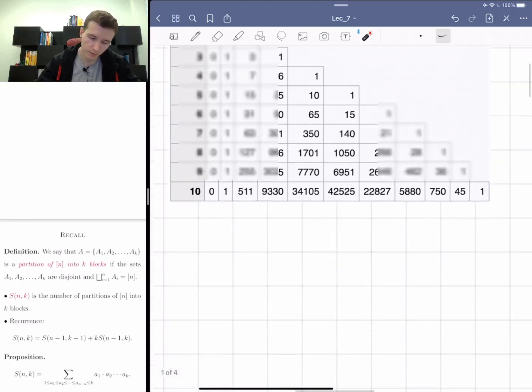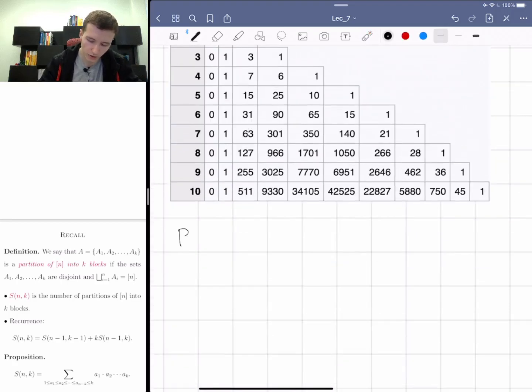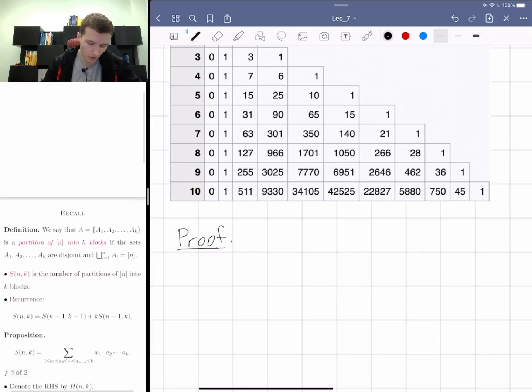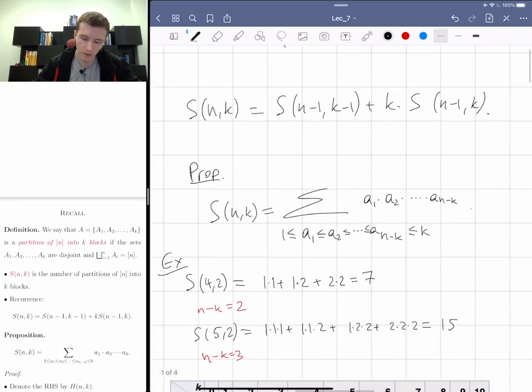The proof, and this idea is used all over the place, is to show that both the left-hand side and the right-hand side satisfy the same recurrence relation. So let me copy the statement.